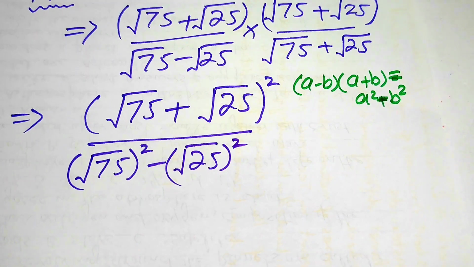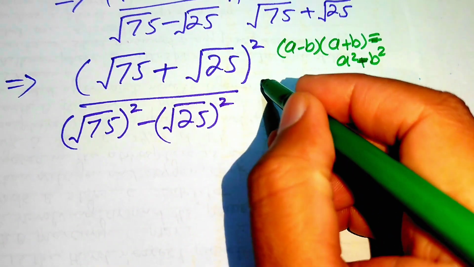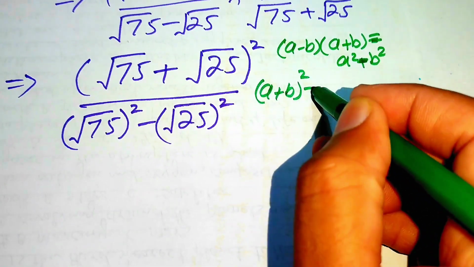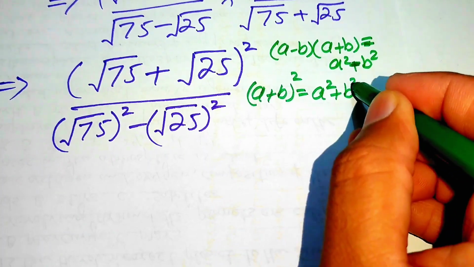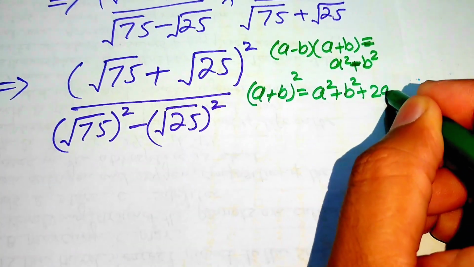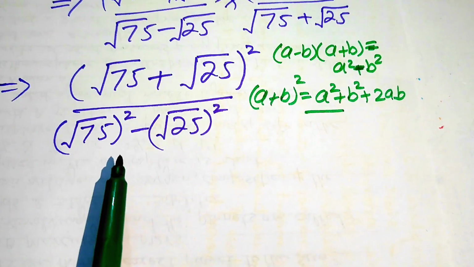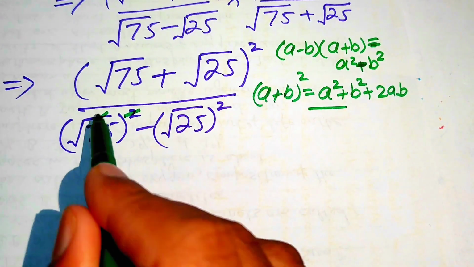After that we use another square identity. You know that (a + b) whole squared equals a squared plus b squared plus 2ab. Now we use this nice identity on the upper term, and in the lower term you see the square and square root are gone.